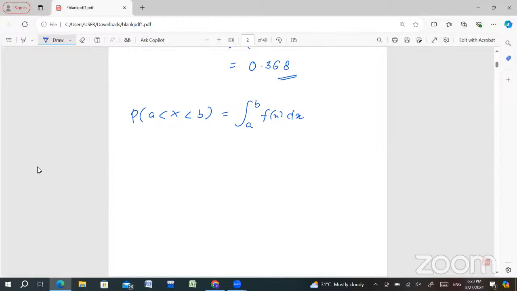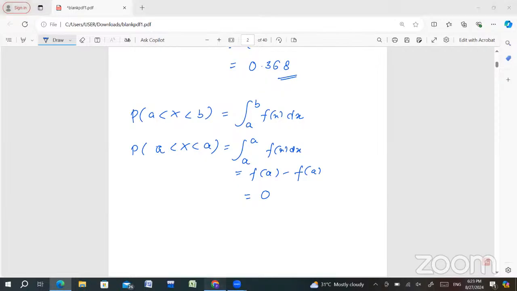Is this statement right? Yes, ma'am. And if you have to find the probability at a single point, say at a, you can write both the lower limit and upper limit as a. If you solve it, it will be F(a) minus F(a), which is ultimately 0. So the probability at a single point for a continuous distribution is 0.